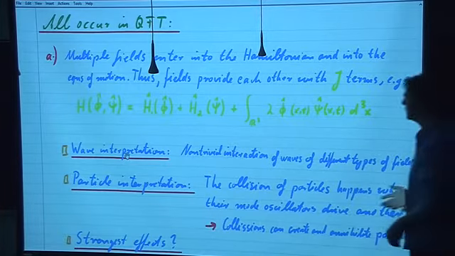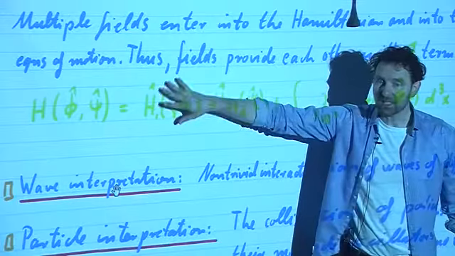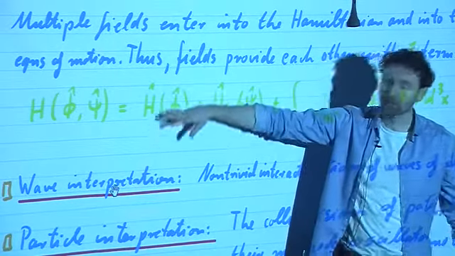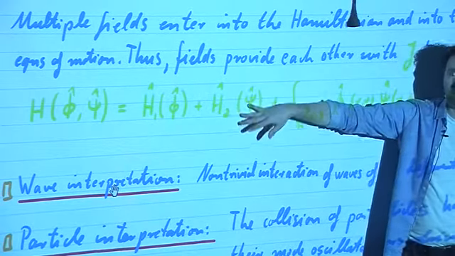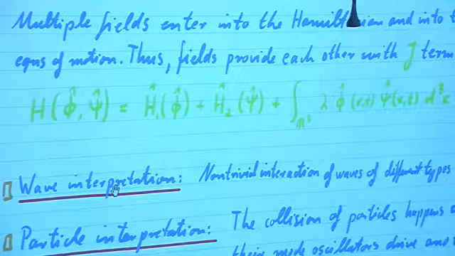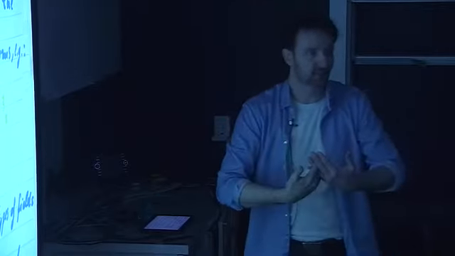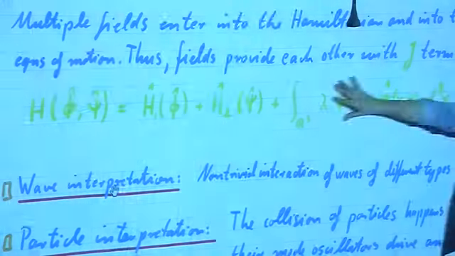But you can also view this in the wave picture. You have waves of quantum field waves of the photonic kind, quantum field waves described here of the electronic type, for example, and then those waves can actually crash into each other and interact with each other. They don't just superimpose if you have such an interaction term.